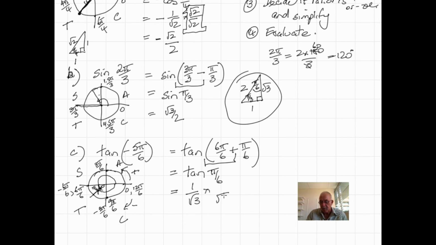We just multiply top and bottom by root 3 on root 3. That is 1. So we're just multiplying it by 1, but we're just making it look a little bit prettier. Root 3 times root 3 is 3, and root 3 times 1 is root 3. And there's our answer.